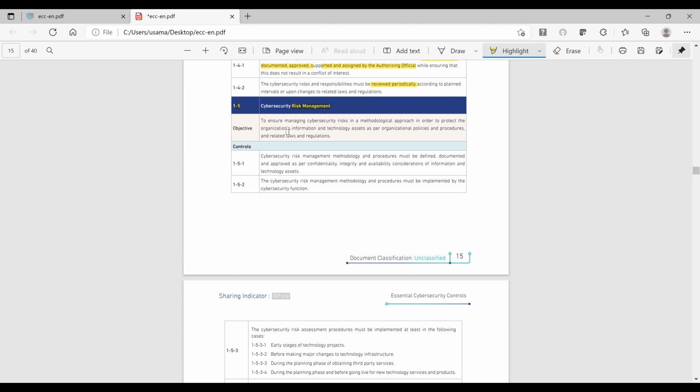Risk management will help you to define the assets, the value of the assets, how to protect the assets, what the vulnerabilities of the assets are, what the threats for the assets are, what the risks for the assets are, what the risk level is, and which assets and risk levels must have the highest priority and have the controls.